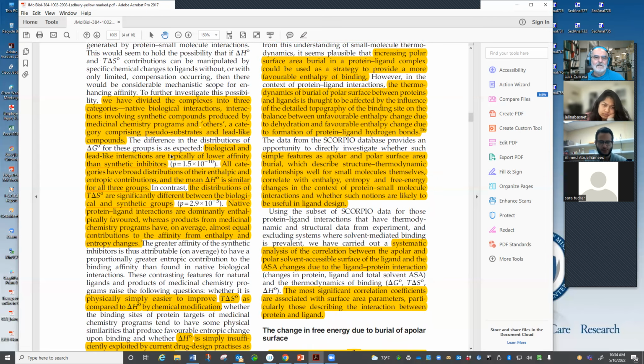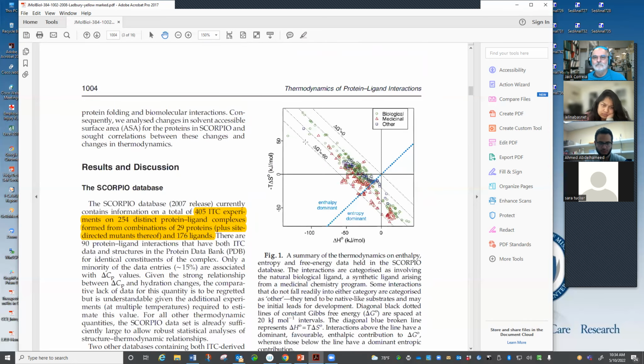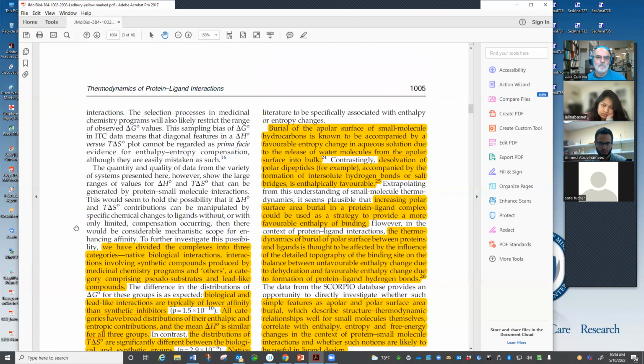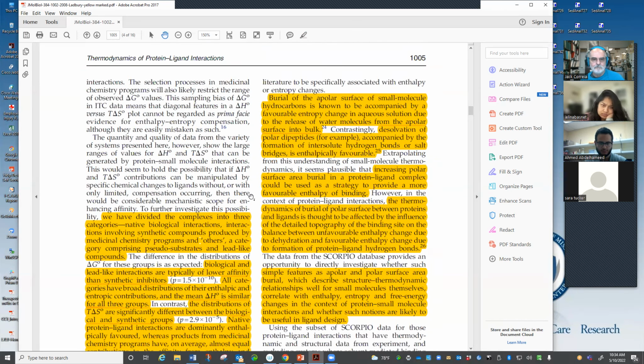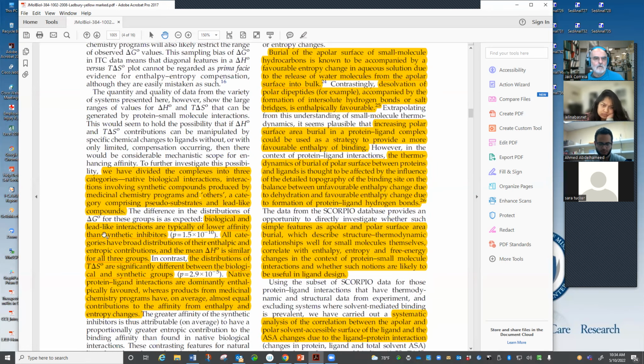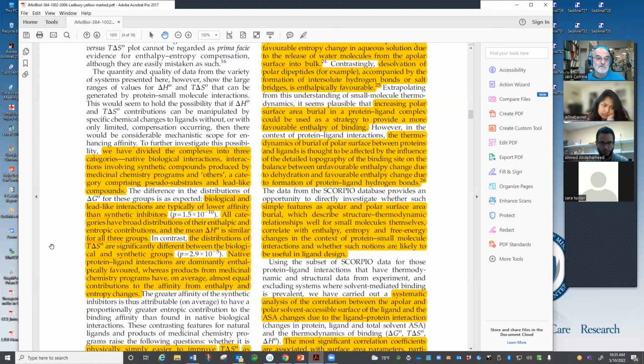Biological and lead interactions are typically lower affinity. Okay, so those were the blue and the green. Lower affinity than the synthetics, which are the red in the minus 40 to 60 category.